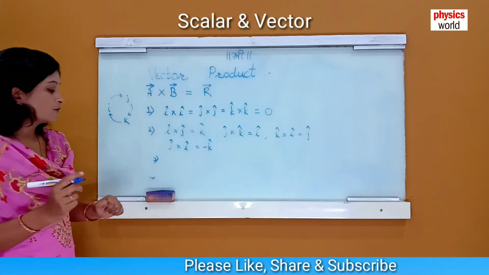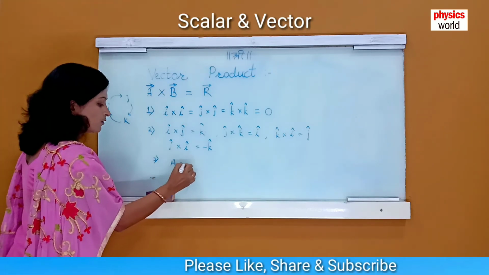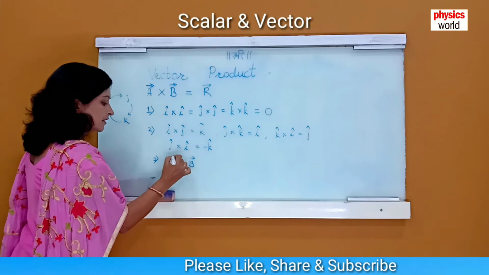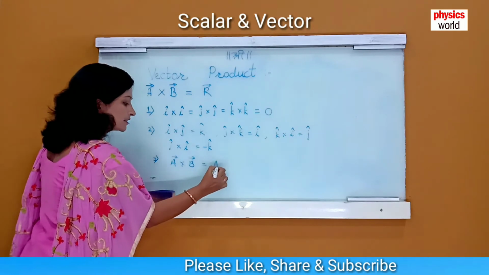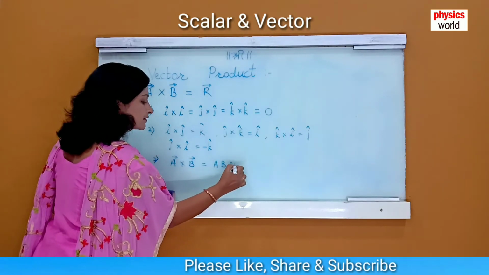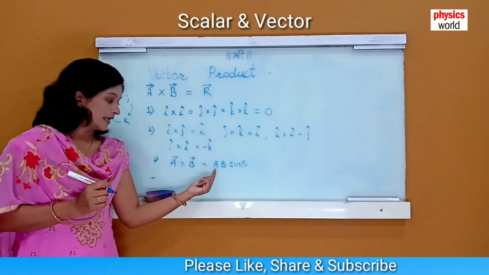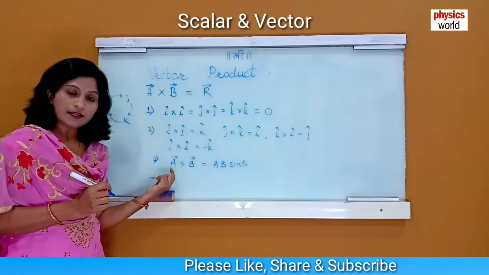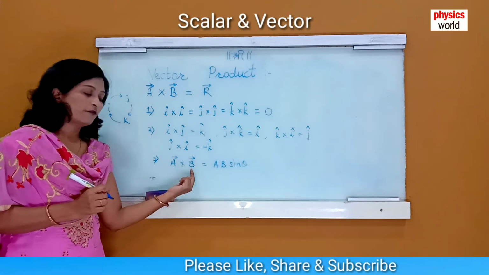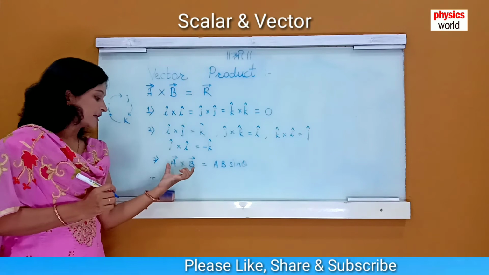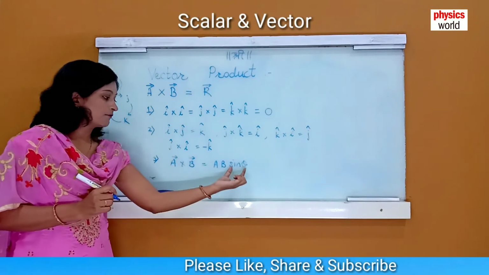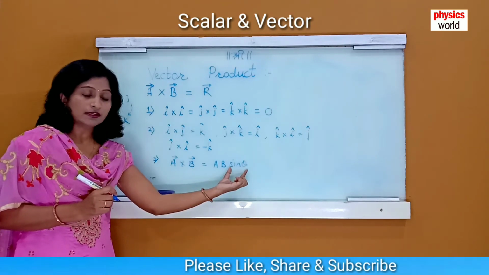In the vector product, A cross B is given by the equation AB sin theta. Here A is the magnitude of vector A, B is the magnitude of vector B, theta is the angle between A and B, and we have to take the sine of angle theta.